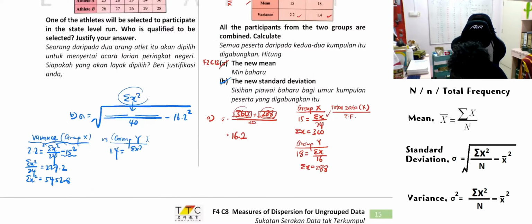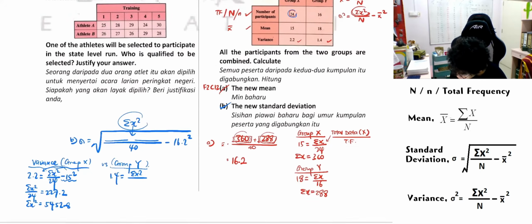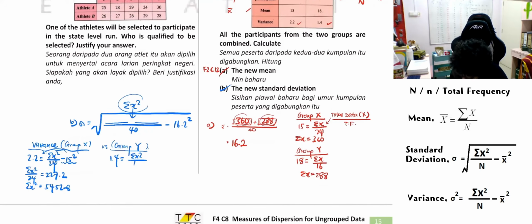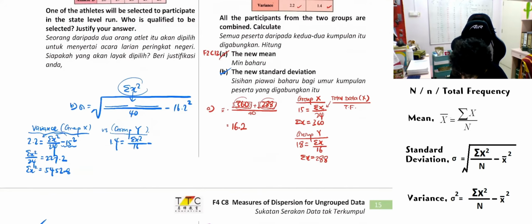Equals sigma x squared over how many participants there? 16 minus the mean given, 18 squared. And same thing, do the linear equation.